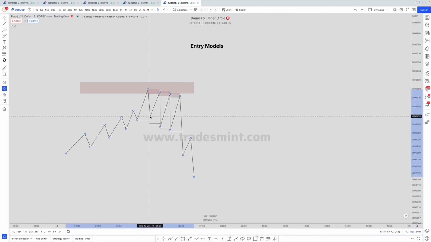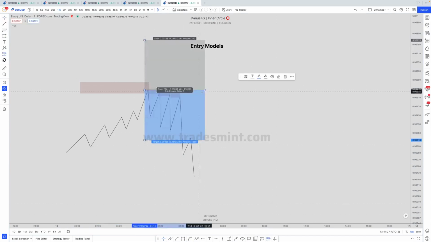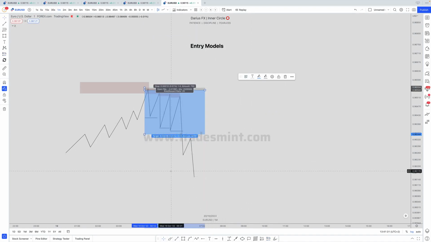Sometimes it will happen like this, which means price will not give you the BOS from the start. In fact, it will not give you the BOS, and still you could take the entry, because what we look for is just that price is tapping into a POI that we look for. So for instance, you could have taken your entry already from here, because that would be the risk type of entry.